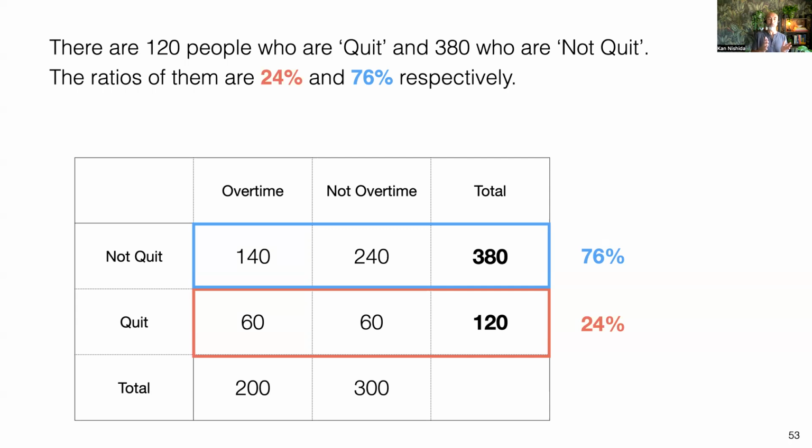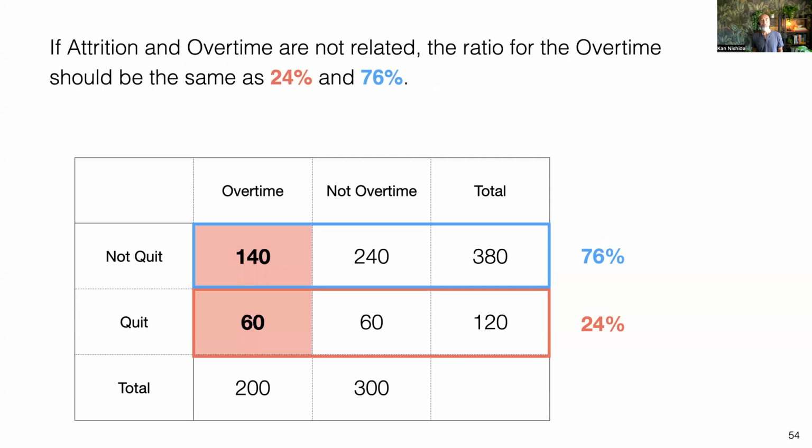We don't care who's overtime or not overtime here. Then we calculate the ratios, respectively 76% and 24%. So if attrition and overtime are not related, then the ratio for the overtime should also be 76% and 24%.